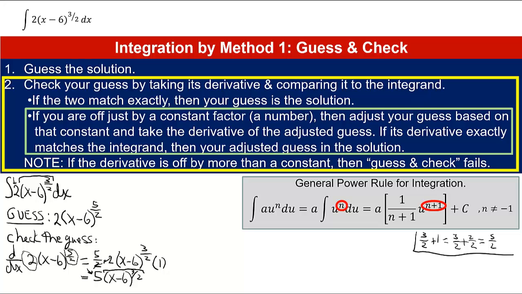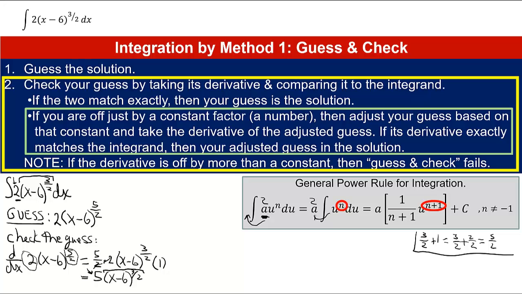Now we'll suggest this. If you have a constant in the original problem like this 2, and it doesn't work out exactly, we got a 5, we needed a 2. If it doesn't work out exactly, I would suggest going back to the general power rule formulation. This a in the formula is like the 2, and I would suggest taking that a and moving it outside the integral sign.